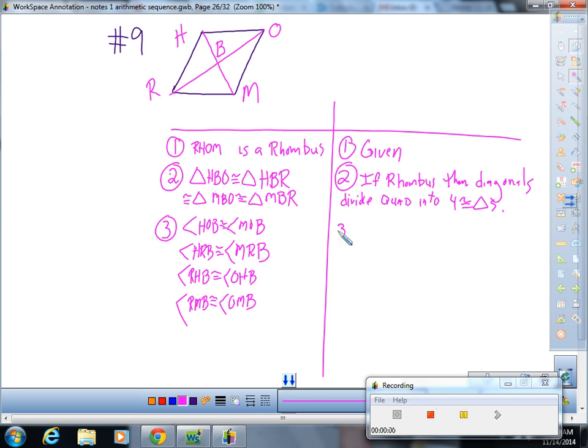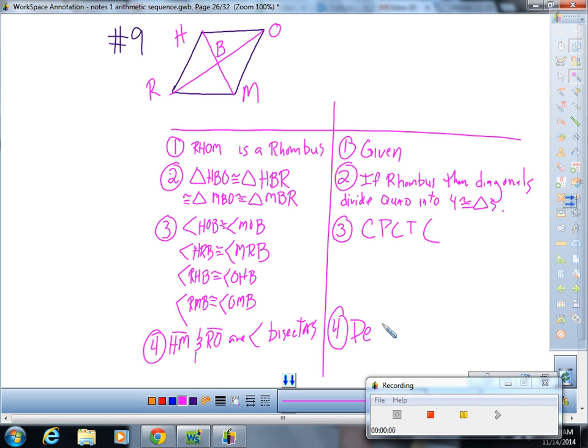That may be the single biggest CPCTC step of all time. And from there, I can just write, I guess, HM and RO are angle bisectors by definition of bisect.